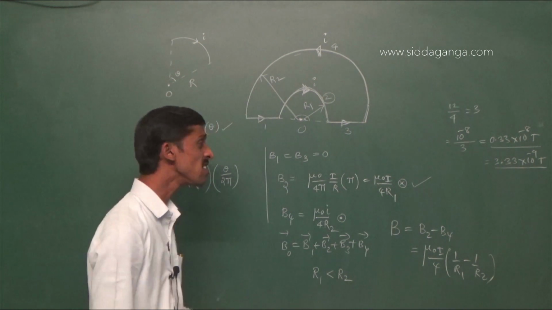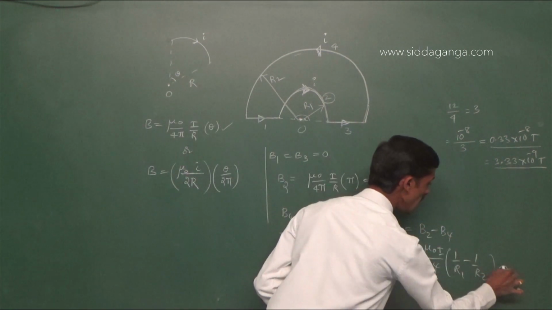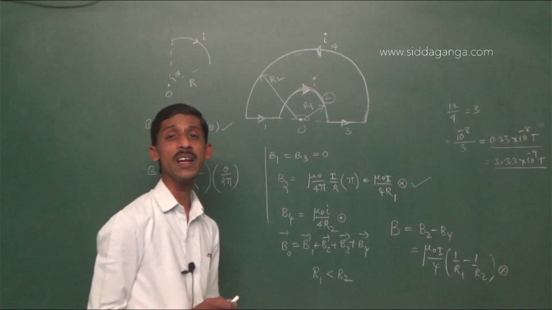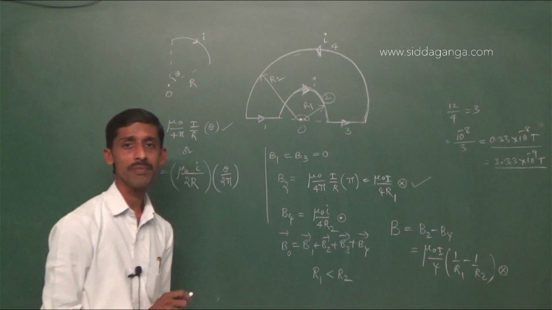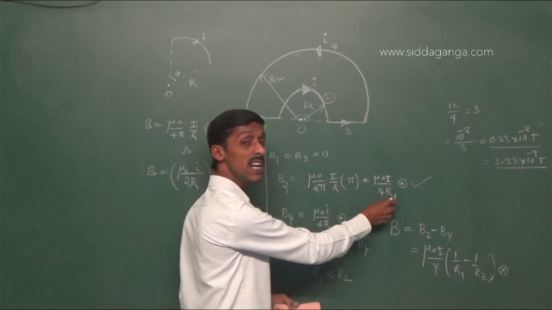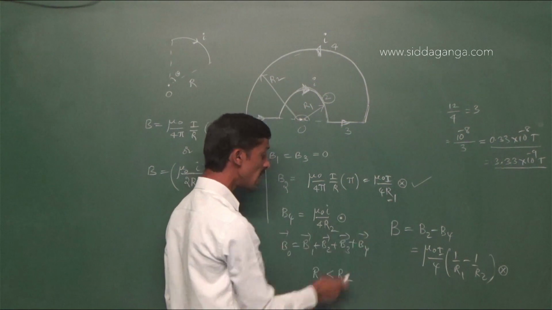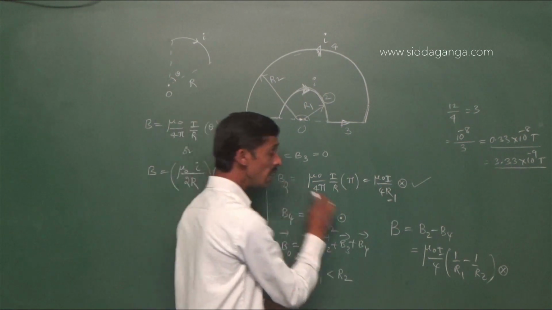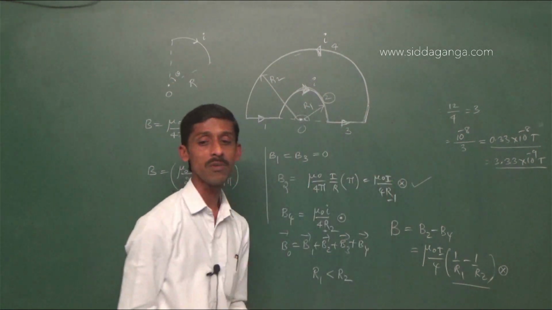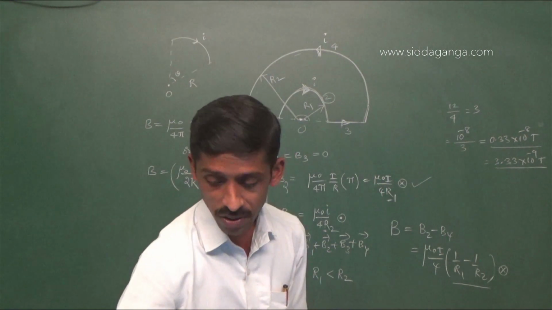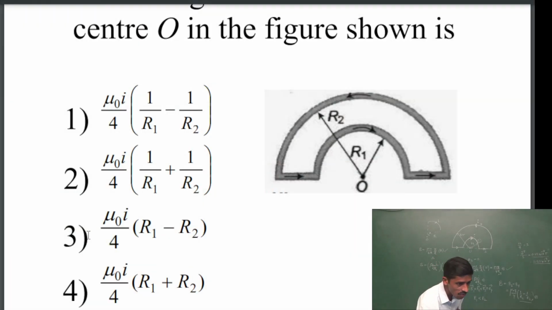Even if the direction is asked, the net value is perpendicular to the plane inward because B2 is more. B is inversely proportional to radius, so as R1 is smaller than R2, B2 is more, and the net field will be B2 minus B4. If you see the options, you can find mu naught I by 4 into 1 by R1 minus 1 by R2, the first option.